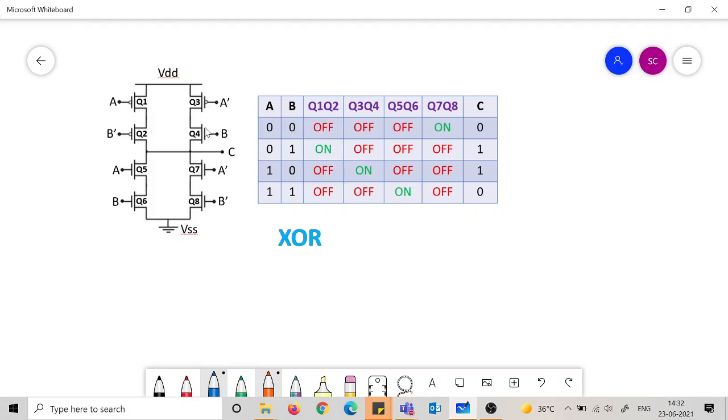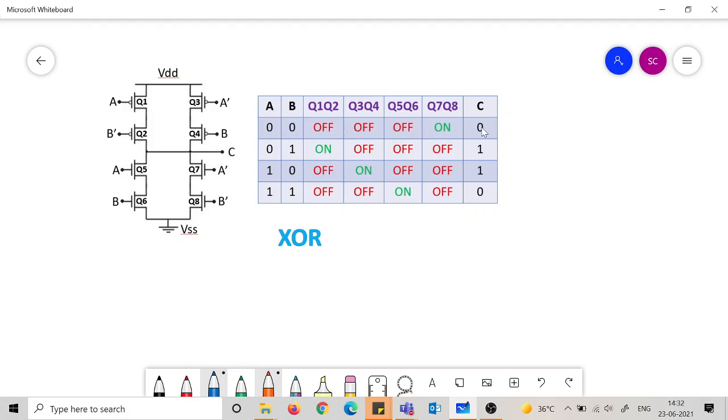Similarly, Q3 Q4 is also off. Q5 Q6 is also off because both are 0, but Q7 Q8 is conducting, it is on, because A dashed and B dashed are 1, so Q7 and Q8 are a short now. So VSS comes to C. These two points are joined together and come out as C. So VSS comes to C.